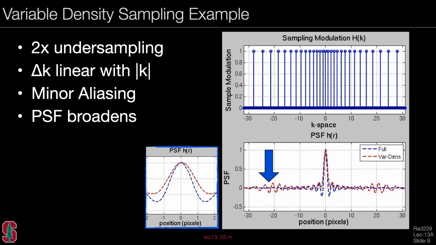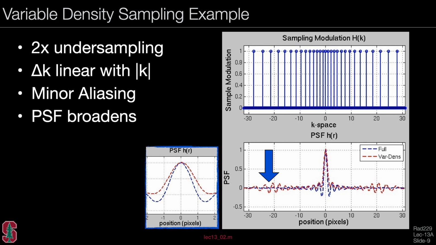Let's look at the point spread function when we have variable density. So here we've used 2x undersampling. The spacing between K-space samples is linearly increasing with the absolute value of K. This leads to minor aliasing, and the point spread function actually broadens. So you can see the broadening of the PSF in the bottom left where we've zoomed in on the central lobe.